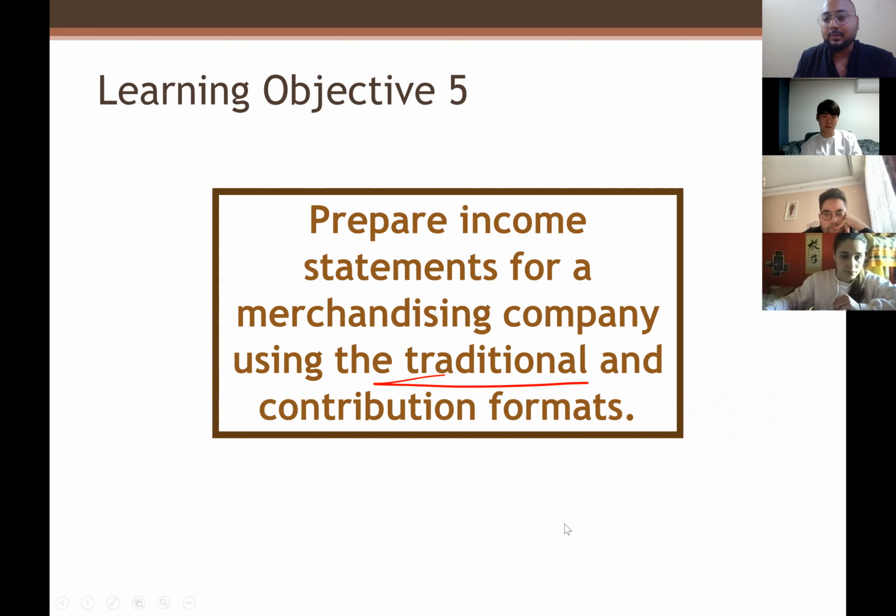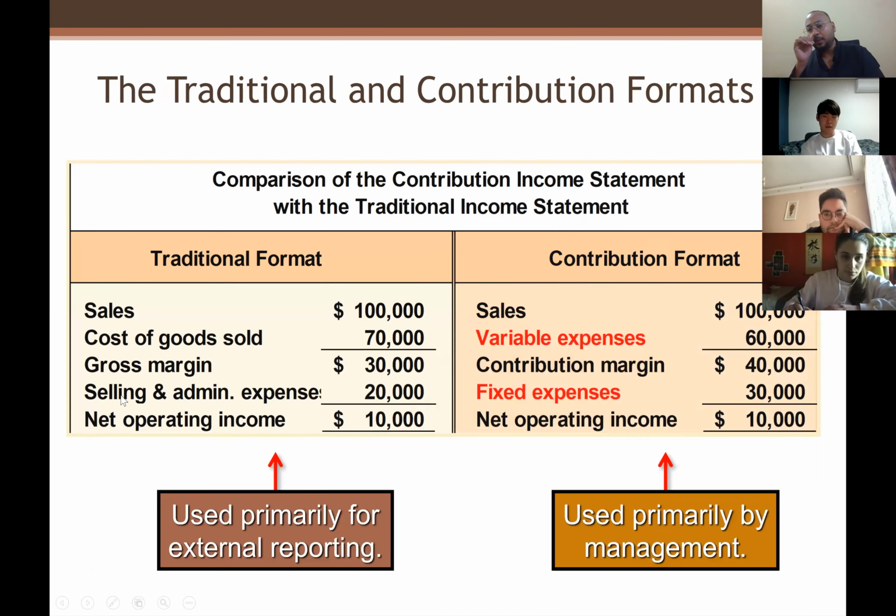So let's talk about the contribution margin approach. We have here the traditional format, sales minus cost of goods sold, we have gross margin, and then selling and admin, we have net operating income.